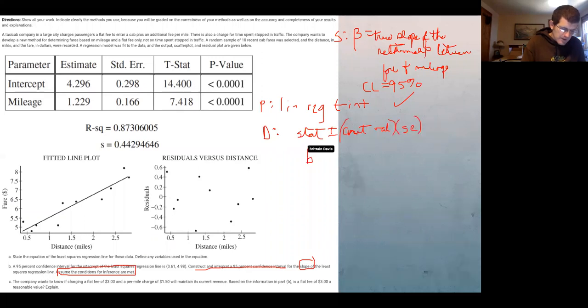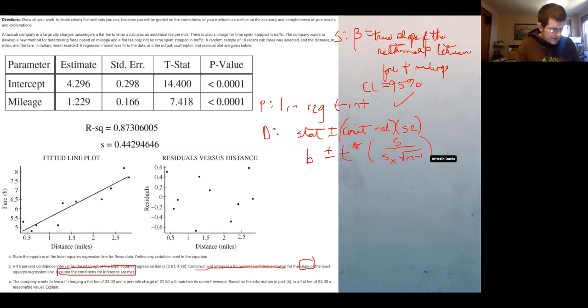My stat is b, t star is the critical value here. Now, I would go ahead and even write s over s sub x times the square root of n minus 1, even though I am not given s sub x. I am given s, but I don't have s sub x.